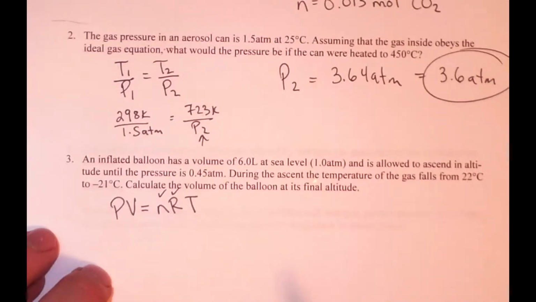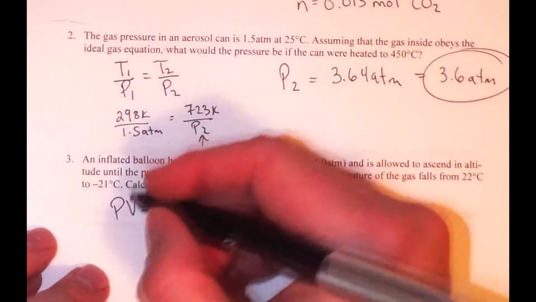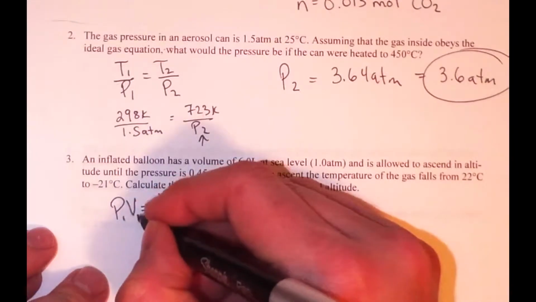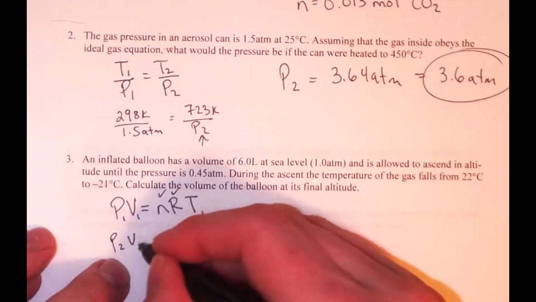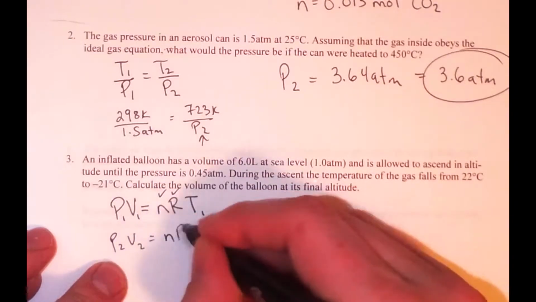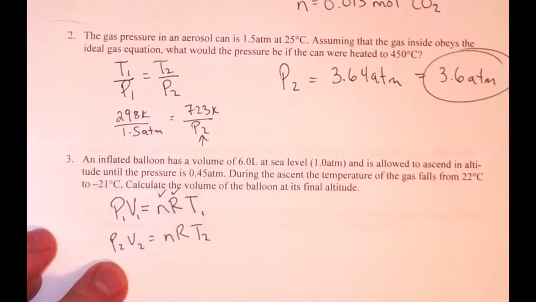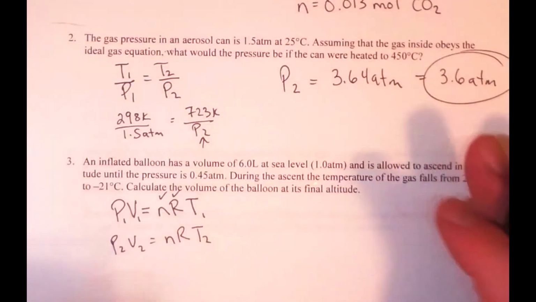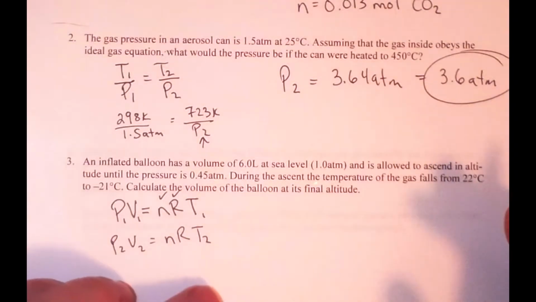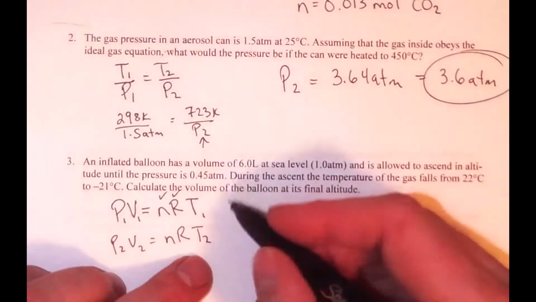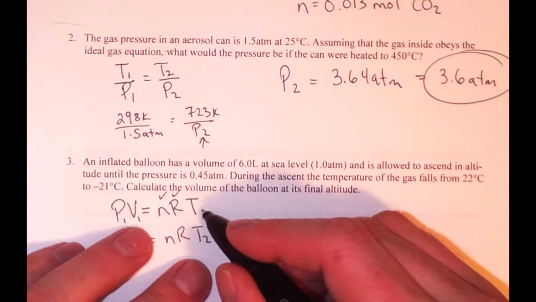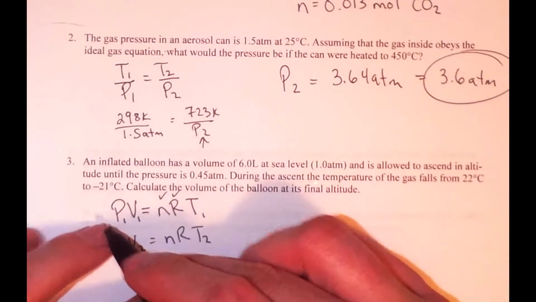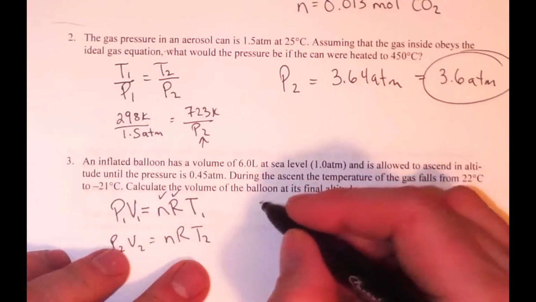So we are going to give these variables pressure 1, volume 1, and temperature 1. And once it's ascended, we're just going to give it the variable 2. But you'll notice that n and R don't have subscripts because they are the same for both cases. So let's put all of the subscripted ones on one side and all the ones that aren't on the other.